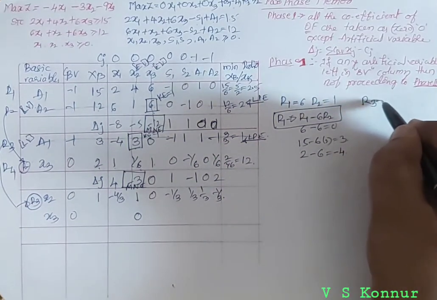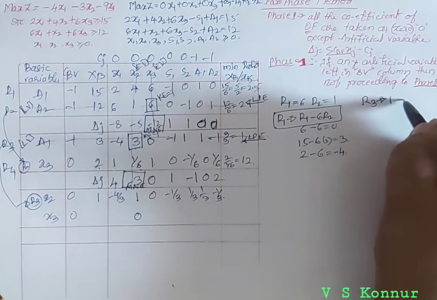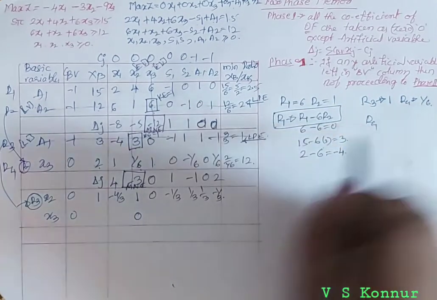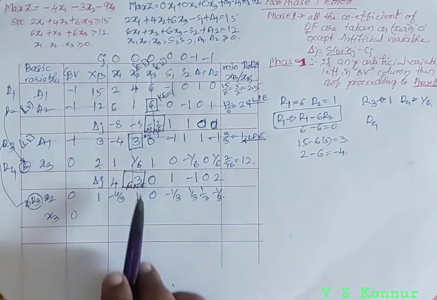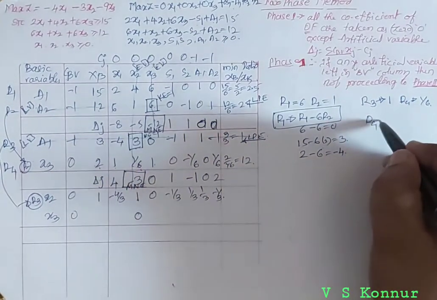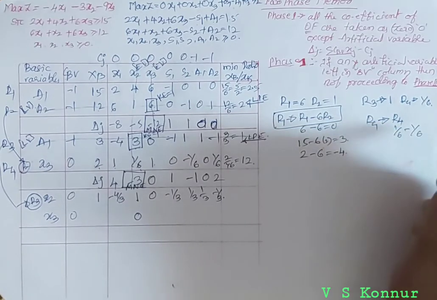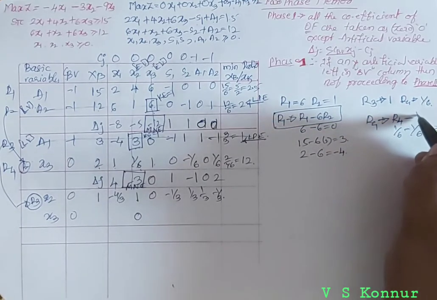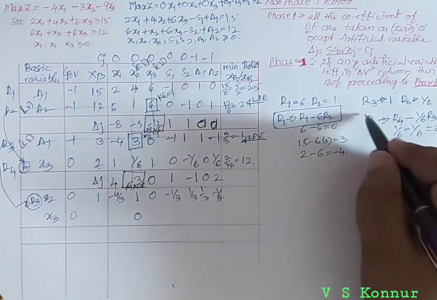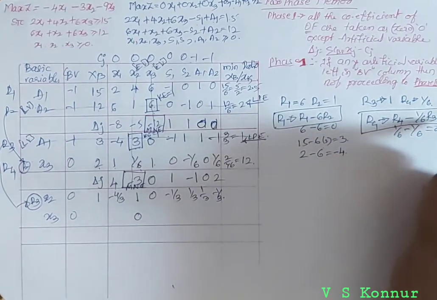R3 has 1, R4 has 1 by 6. For R4 we write the equation to make this equal to 0 in the next iteration: R4 has 1 by 6, minus 1 by 6 will give 0, so minus 1 by 6 R3. This formula we apply for the whole row.